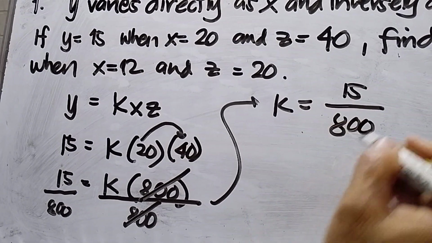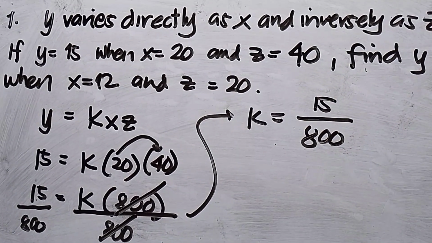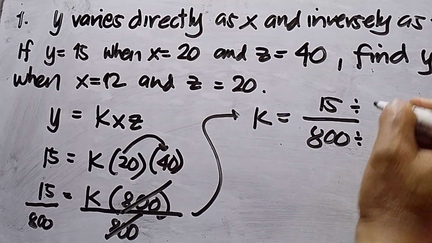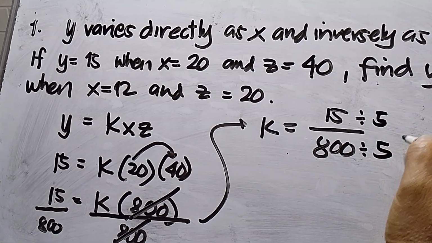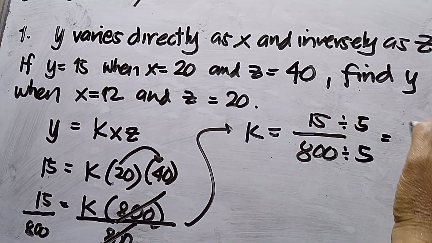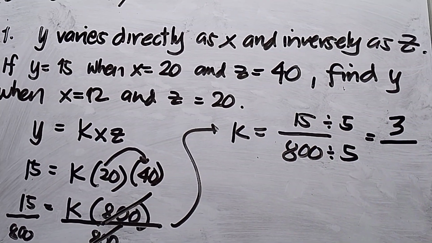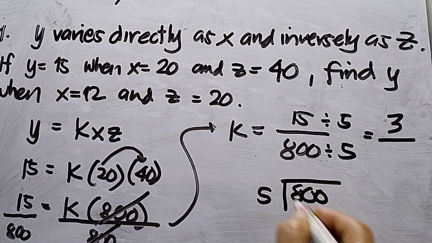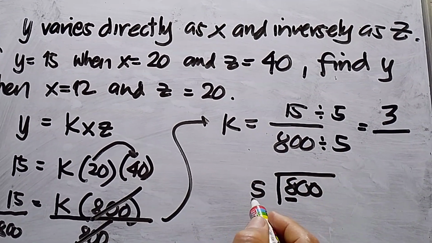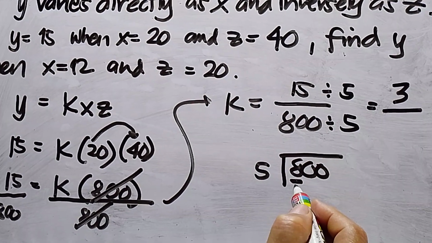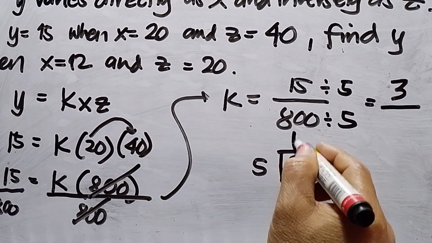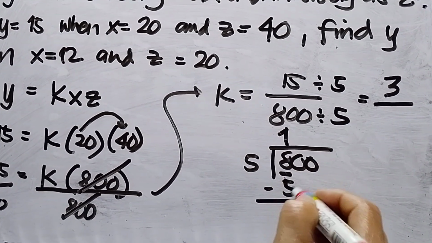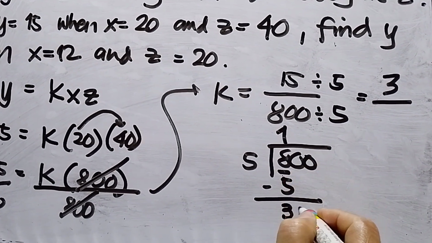Since this is a fraction, we need to reduce it to lowest terms. Find the GCF of 15 and 800. I think we divide by 5. 15 divided by 5 is 3. How about 800 divided by 5? How many 5s are there in 8? Only 1. 1 times 5 is 5. 8 take away 5 is 3. Bring down 0.